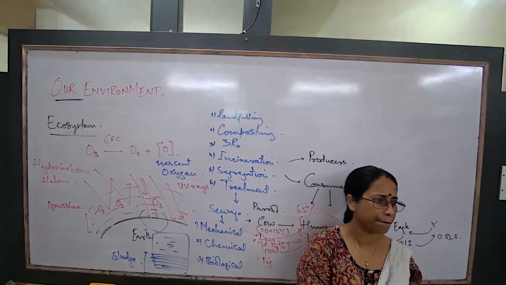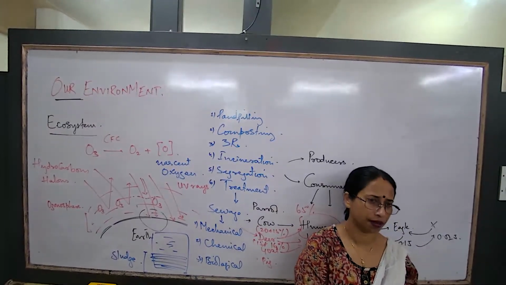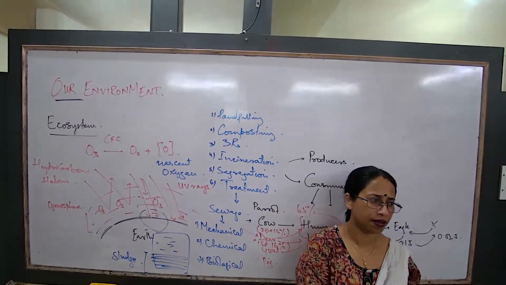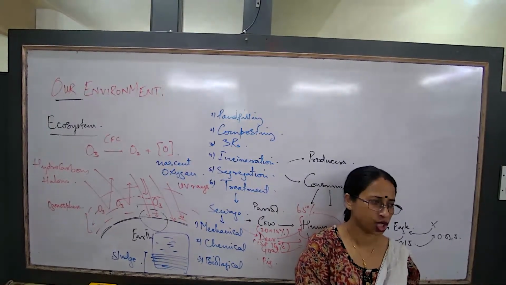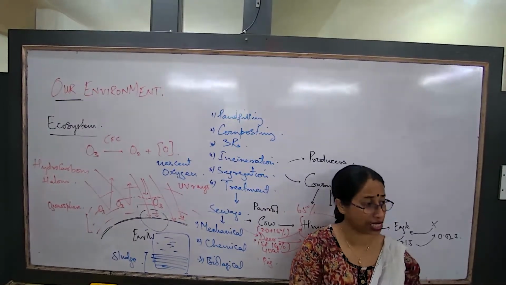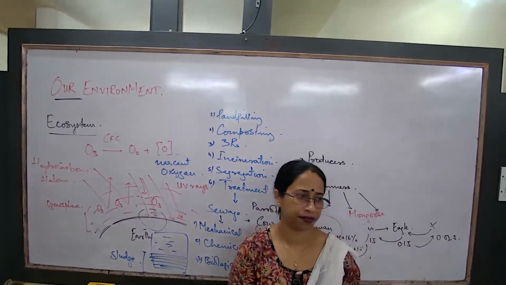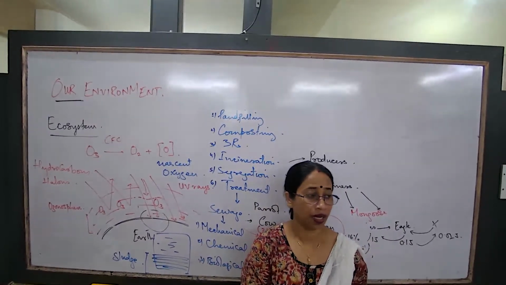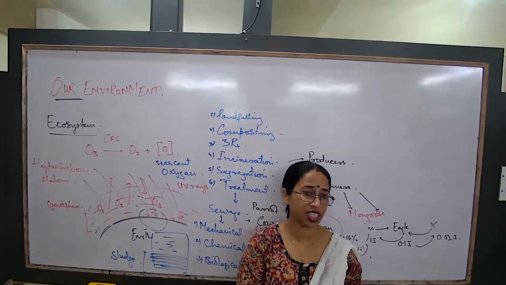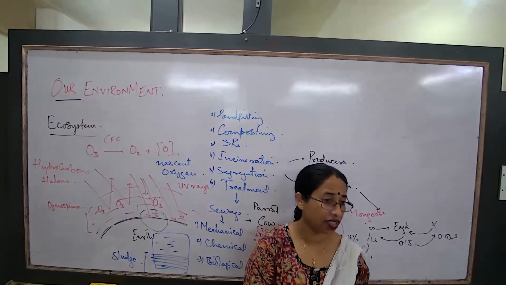First is the absorption of light energy by the chlorophyll and conversion of light energy into chemical energy. These should be written as separate points.